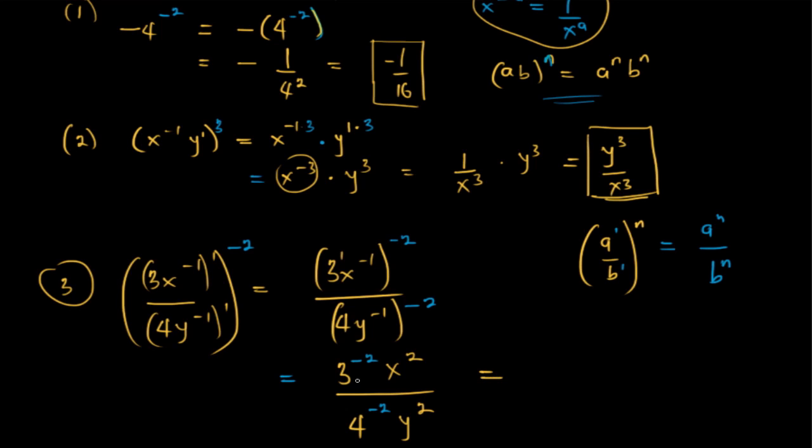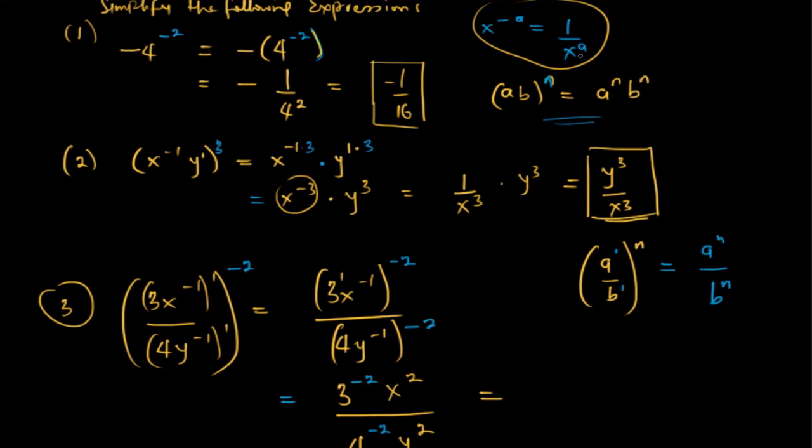Now this is the same thing as, so we have 3 to the power negative 2. So we're going to lay credence to what we have here. So to remove the negative sign, I need to reciprocate the whole thing. That's 1 over 3 to the power 2 times x squared divided by, so we have 1 over 4 to the power 2.